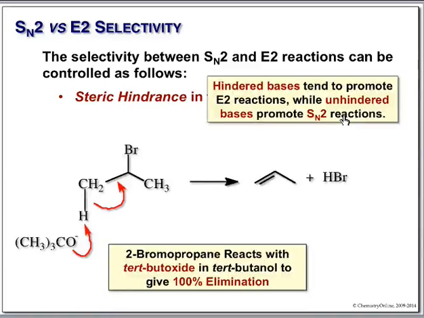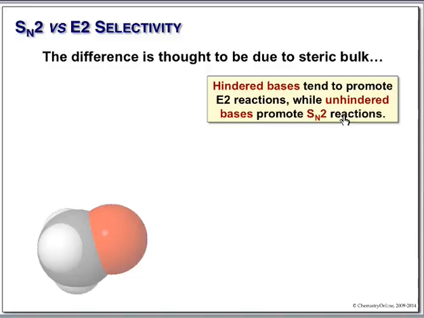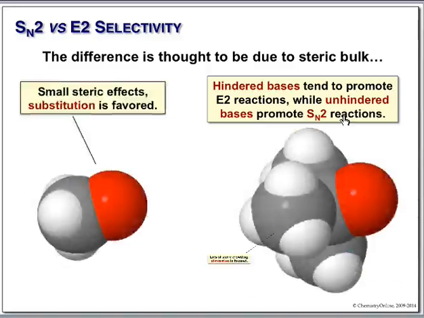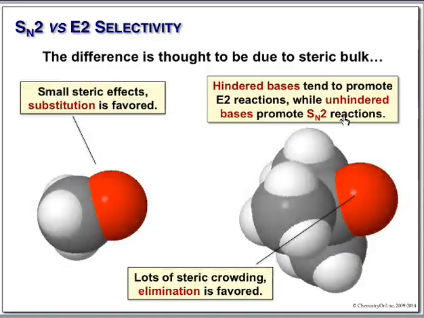Whenever you see tert-butoxide, it screams at you, elimination, E2 reaction. Look at the models. This is wide open. This is really hindered. And that's the real reason that this happens.